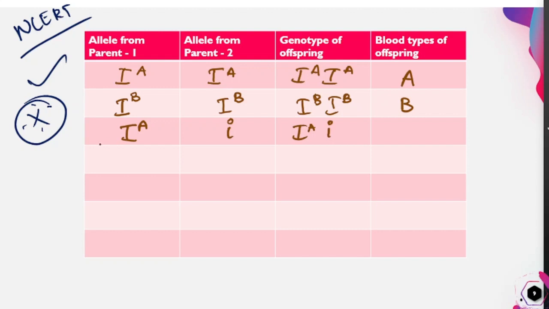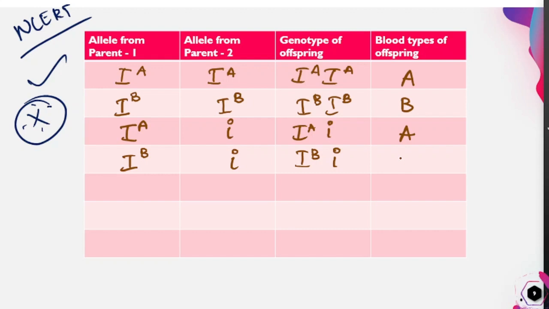I^A is dominant, so only I^A will be expressed, and the blood group will be A. Then I^B with i gives I^B i, where B is the dominant character, so the blood group will be B. Then I^A from parent 1 and I^B from parent 2 give I^A I^B.